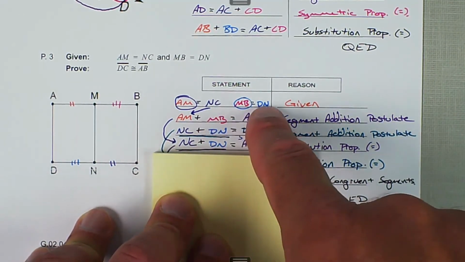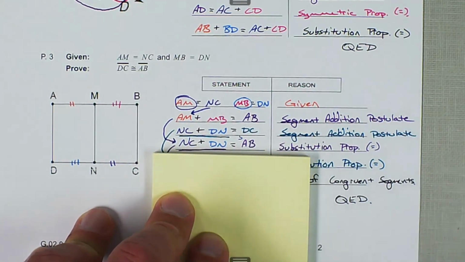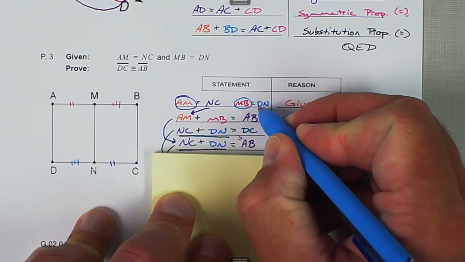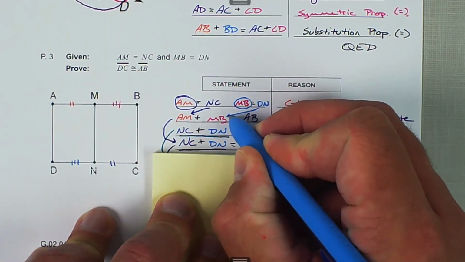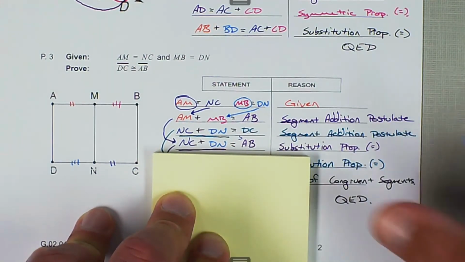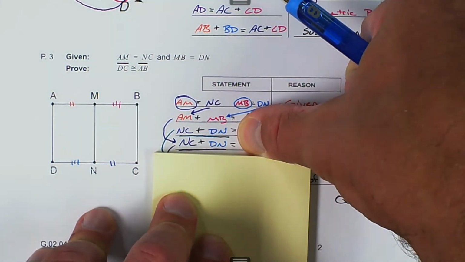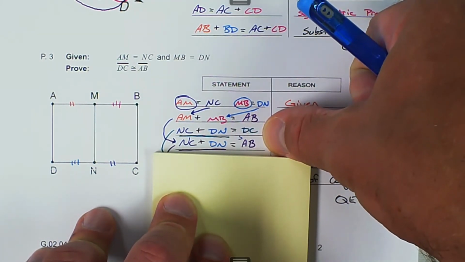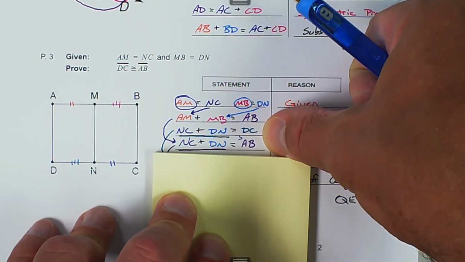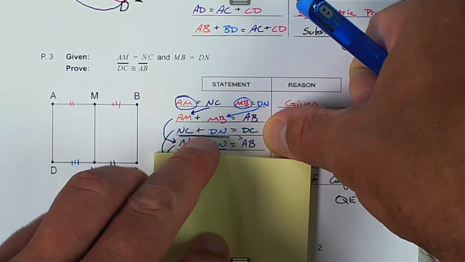Next, we know that MB is equal to DN, so we can take the MB out and replace it with DN, and that's exactly what we did. So now we have two of the exact same things: NC plus DN and NC plus DN. One is equal to DC and the other one is equal to AB.